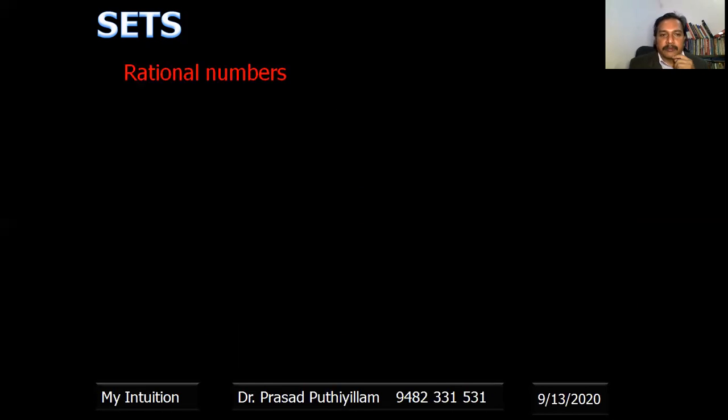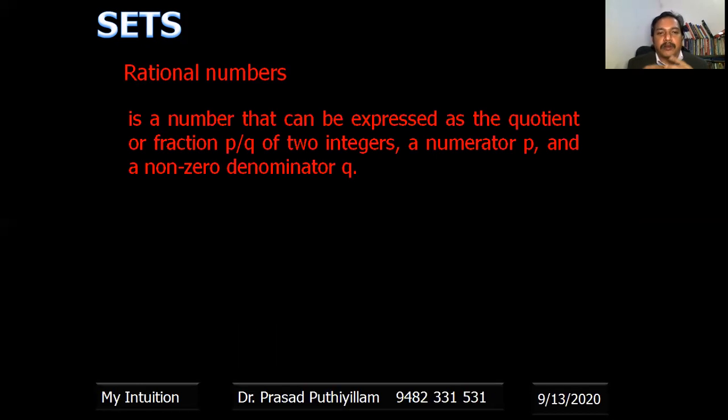Rational and irrational numbers. A rational number is a number that can be expressed as a quotient or fraction p by q of two integers, in which p is the numerator and q is the denominator, provided that the denominator q is non-zero. If it is zero, it becomes infinity; a value cannot be divided by zero.